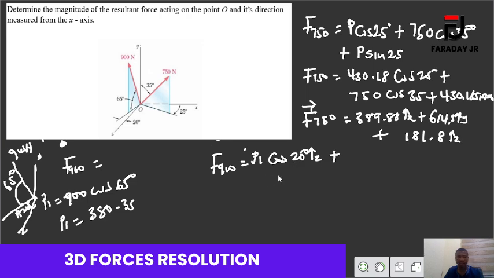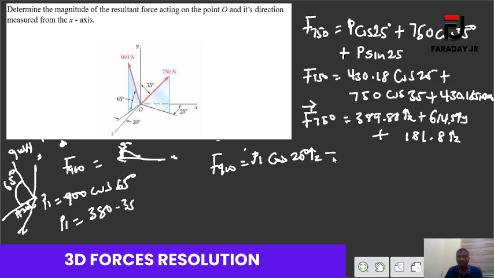Plus, or let me put it this way, minus. Why am I saying minus? Realize that when you resolve this particular force, we have the x plane at this point, and the force is acting this way, which is the 900 Newton. You are now going to resolve it into the x plane. But we realize that the force is moving in the opposite direction to what we have here, so that will give us negative, because it's acting on the left hand side.